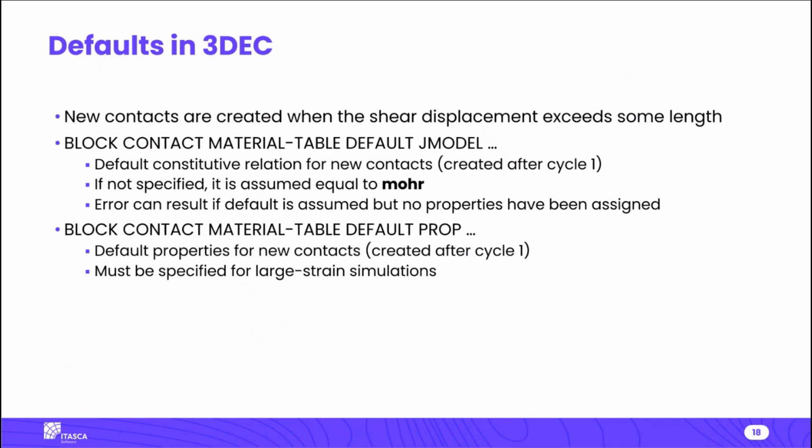Okay, so new contacts are created when the shear displacement exceeds some length. We need to figure out a way to assign properties to the new contacts. And what we have is this command block contact material table default, and so on. This is a bit of a mouthful. The reason that we do this is because it's possible that you might want to have different properties when different things come into contact.